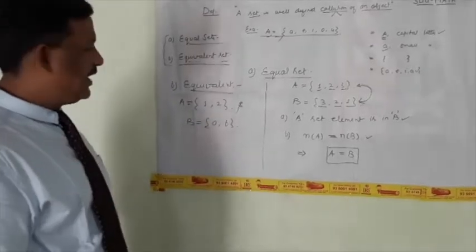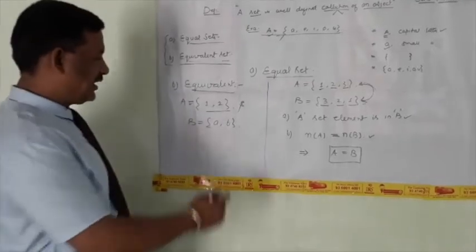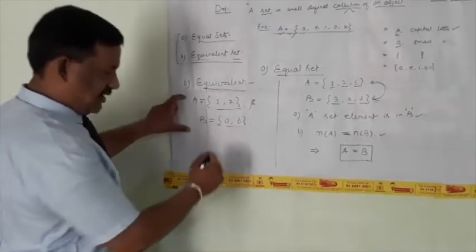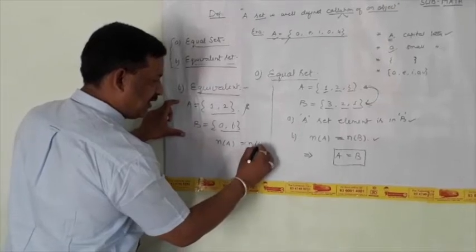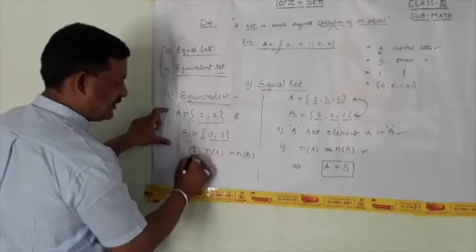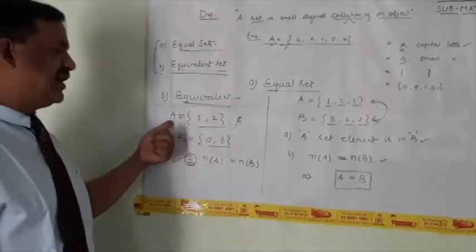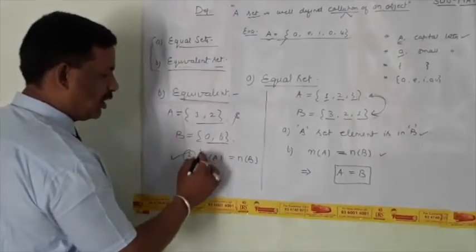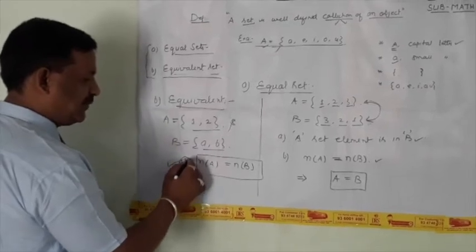Here in set A, the collection is of natural numbers, and the collection in set B is of alphabets. But the number of elements in set A is equal to the number of elements in set B. The second point of equal sets is followed, but it is not necessary that the elements of A and B should be equal.